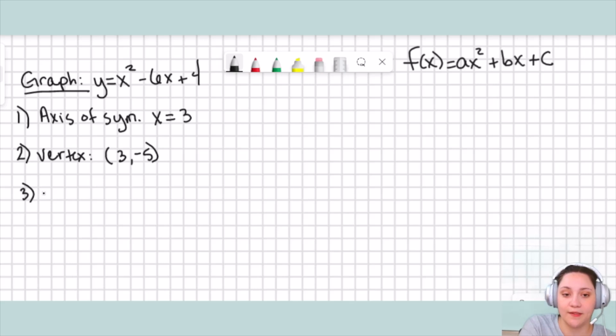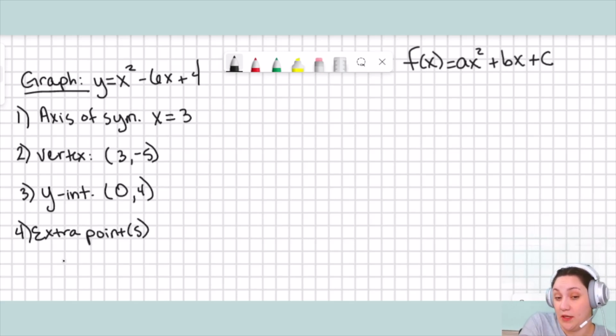The third step was to find the y-intercept, which was at the point 0, 4. And the fourth step was to find some extra points. We found 1 point: positive 1 and negative 1.